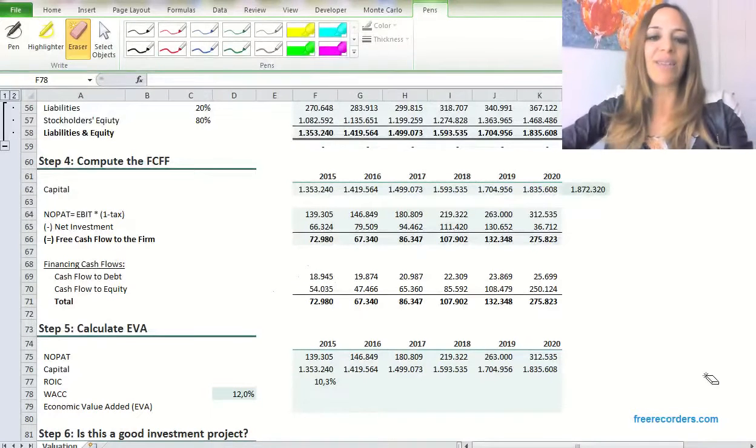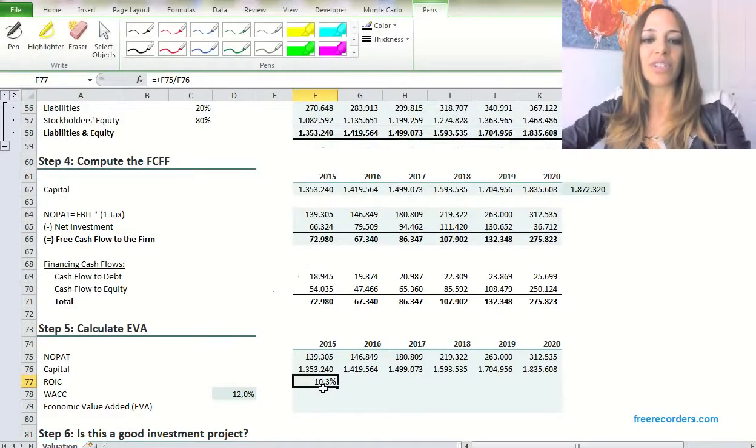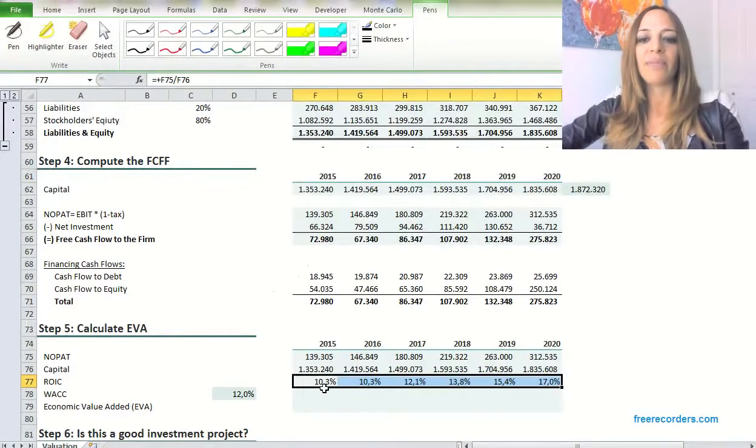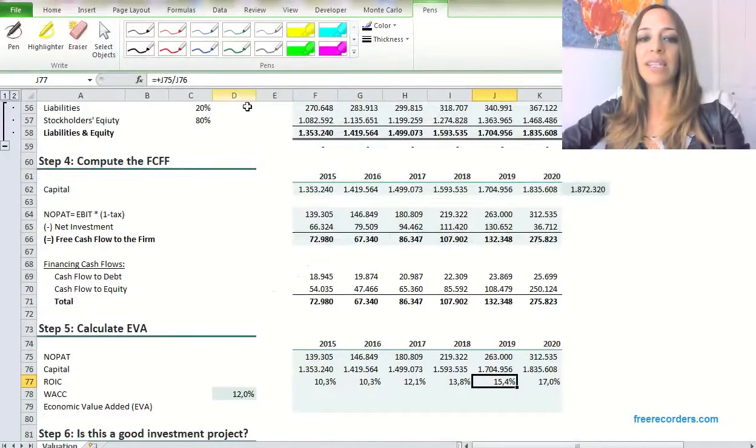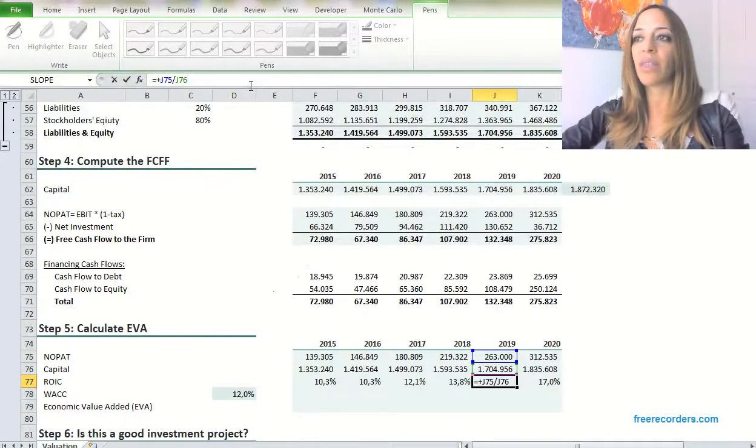Okay, let's calculate the return on invested capital for each year. I will copy for every year. And for example, in this case, you can see it will increase. Why? Where, for example, for 2019, we are expecting to obtain $263,000 in profits with an investment of 1.7.